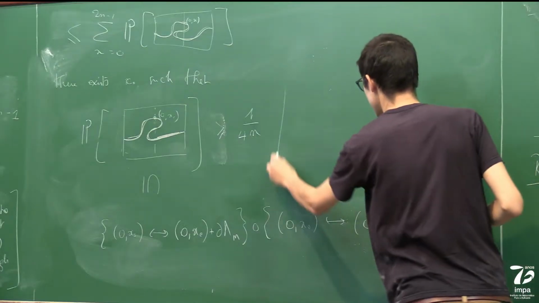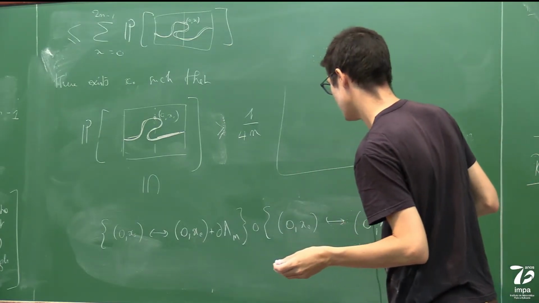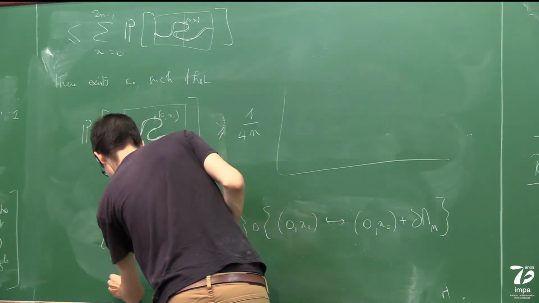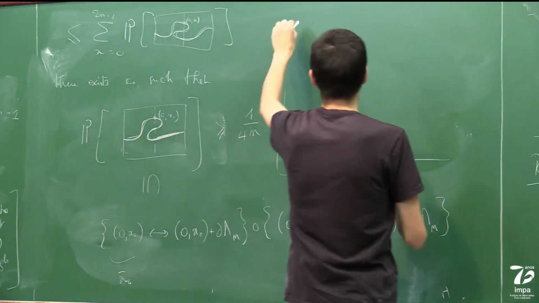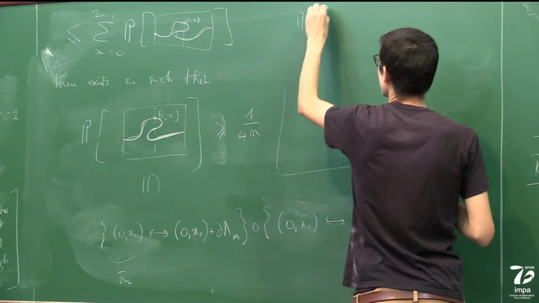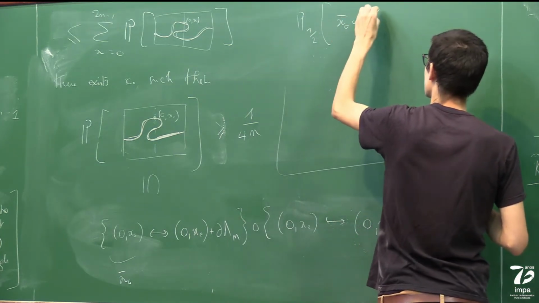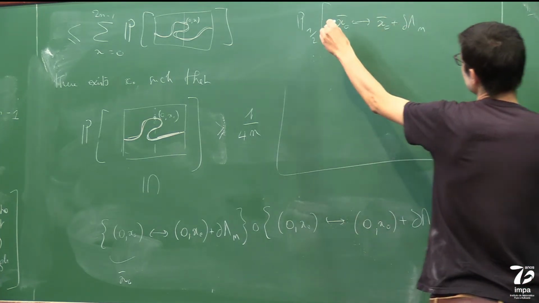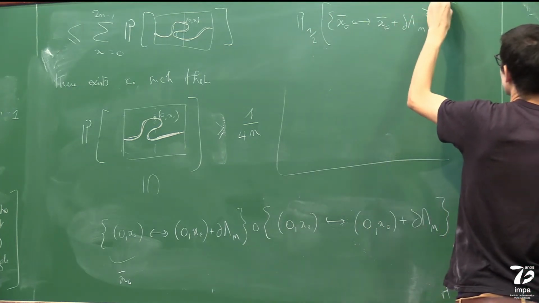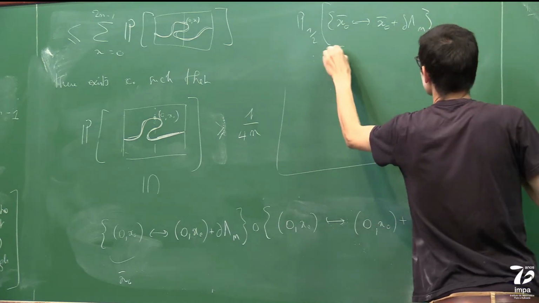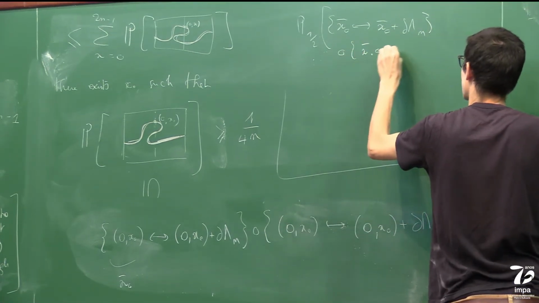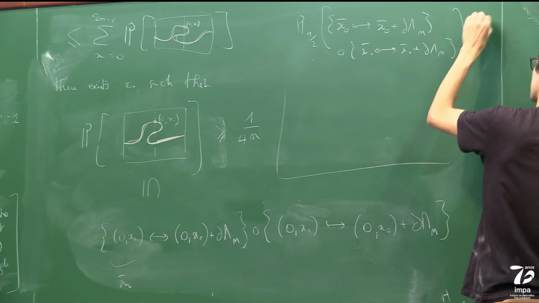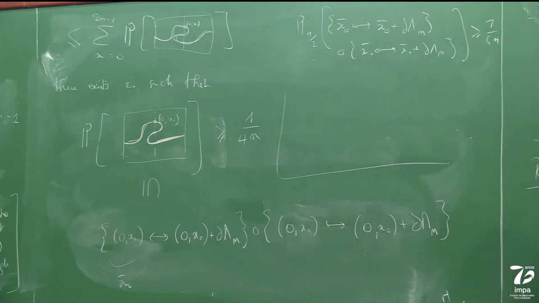So let me call this x bar 0. What I have is that P_1/2 of x bar 0 connected to x bar 0 is larger than 1 over 4n.